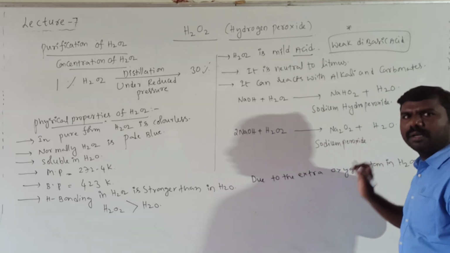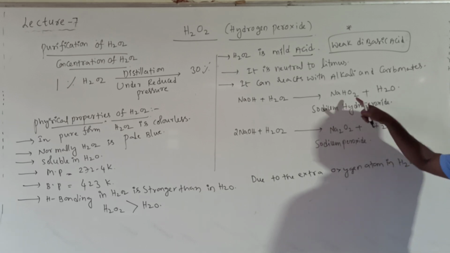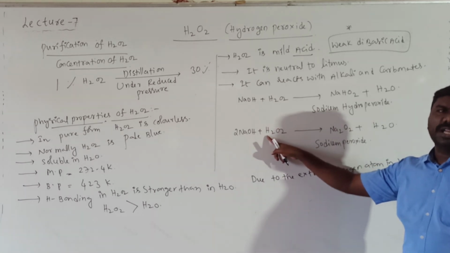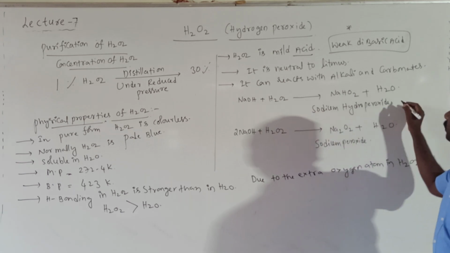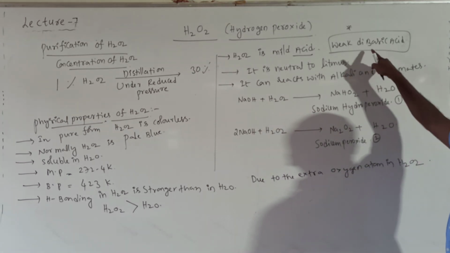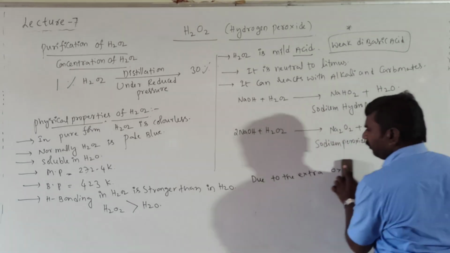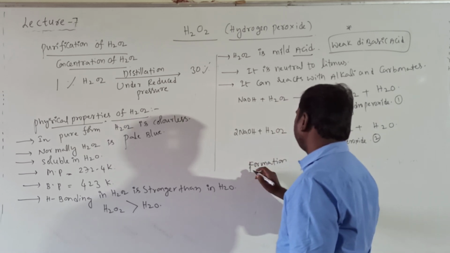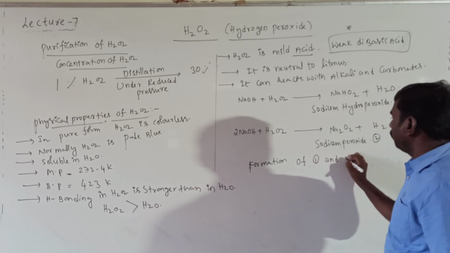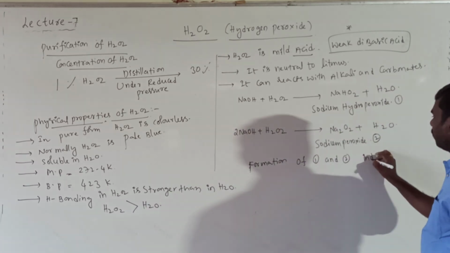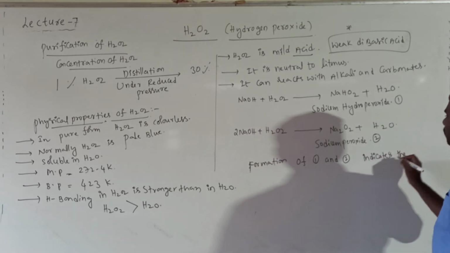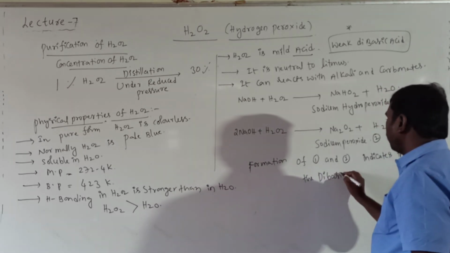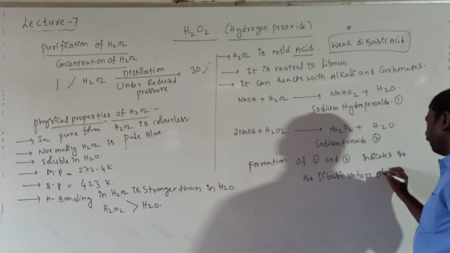In the first case one hydrogen is removed from H2O2, and here two hydrogens are removed from H2O2. So these two reactions indicate the dibasic nature of H2O2.